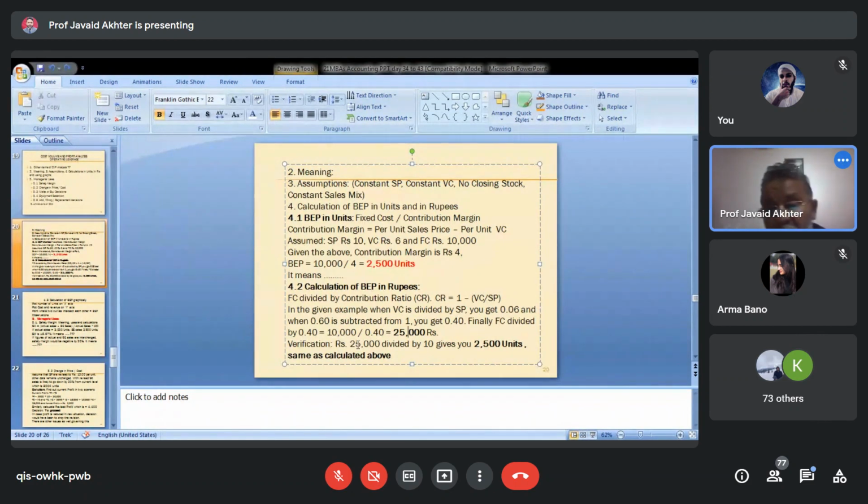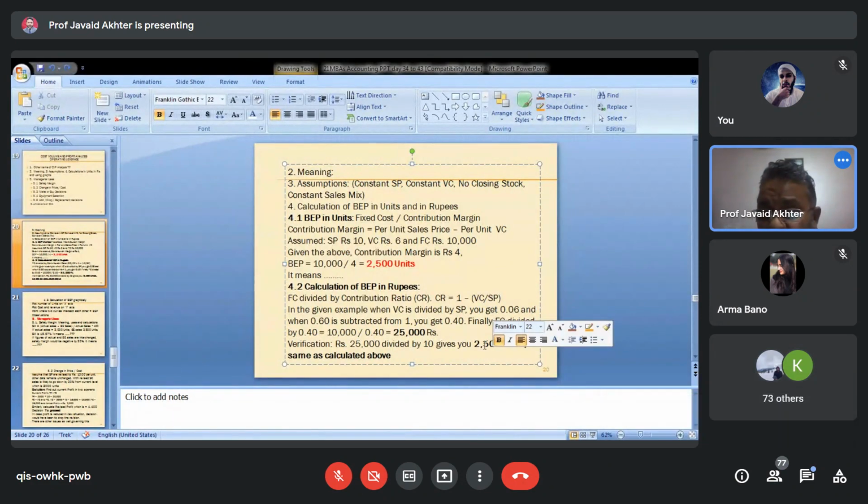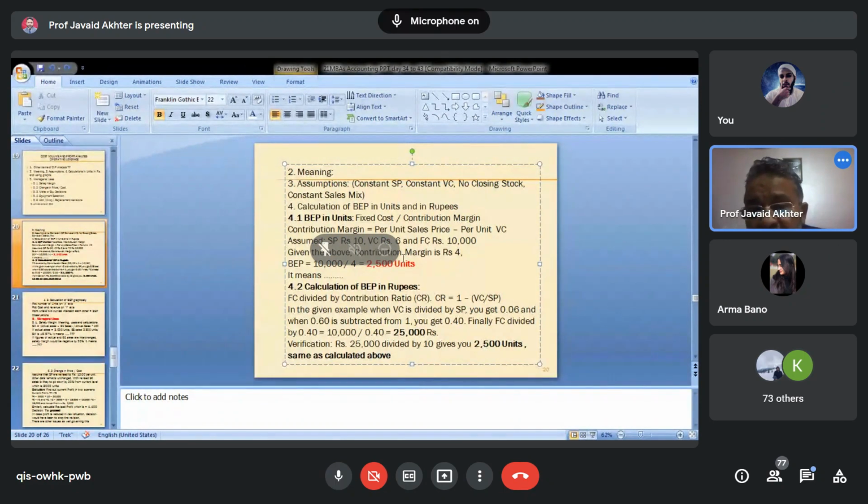So verification, if I further explain: 25,000 divided by 10 gives you 2,500 units, which you already calculated. Then what will be the cost of producing 2,500? Variable cost plus fixed cost. What will be the variable cost? 2,500 into 6, 15,000.